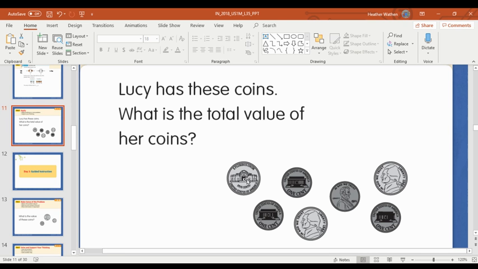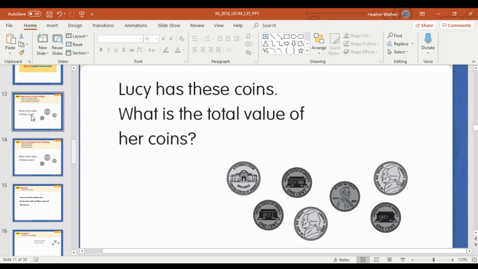You count with me. 5, 10, 15. Now I'm going to count my pennies. Count with me. 16, 17, 18, 19. How many cents does Lucy have? If you said 19 cents and you counted with Mrs. Wathen, you are correct. Lucy has 19 cents.